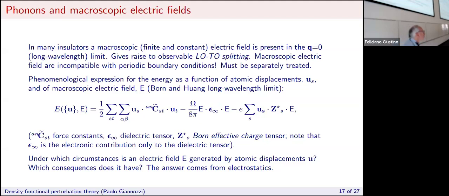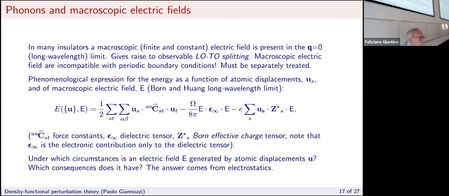Now, for silicon and germanium, which are non-polar and have very high symmetry, there is no possibility of a macroscopic electric field being generated by a phonon in the Q equals 0, long wavelength limit.